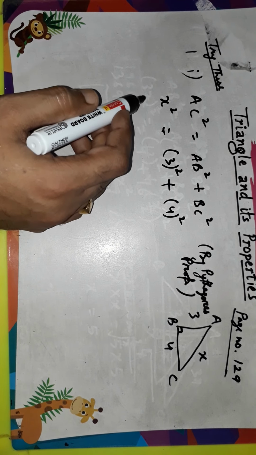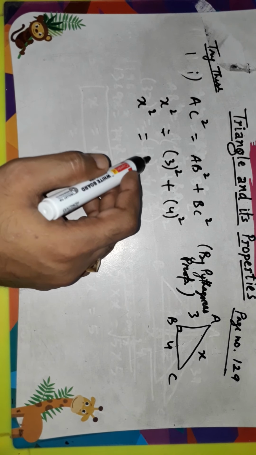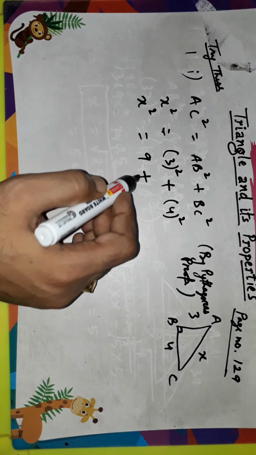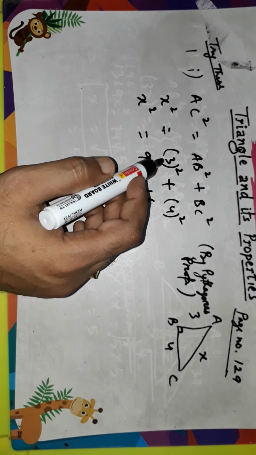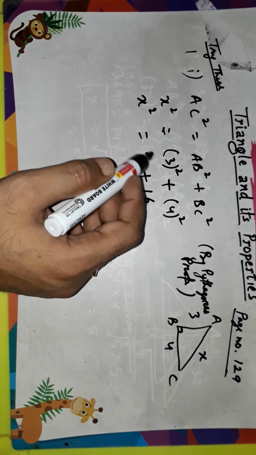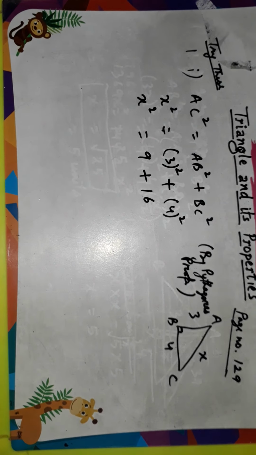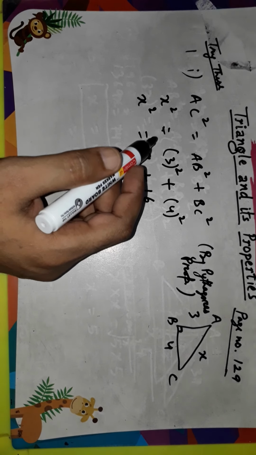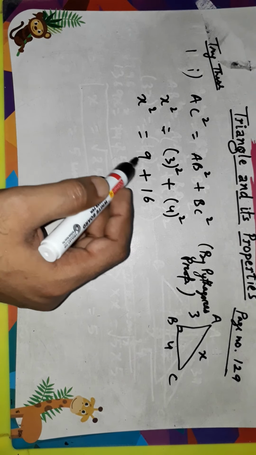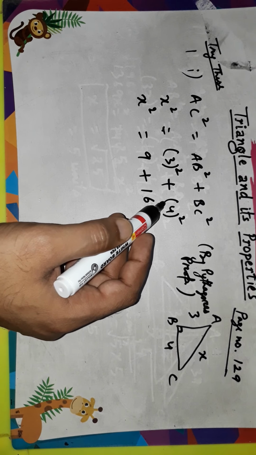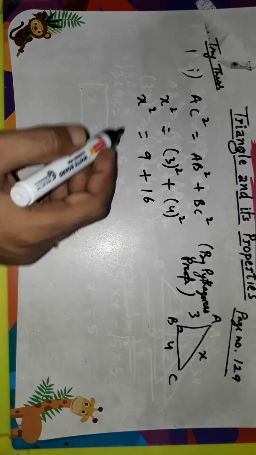It means that x square will be equal to 3 square is 9, 4 square is 16, because you know that when we talk about square, we multiply the number by itself. That is why 3 square will be 3 into 3, which is 9, and 4 square is 4 into 4, which is 16.